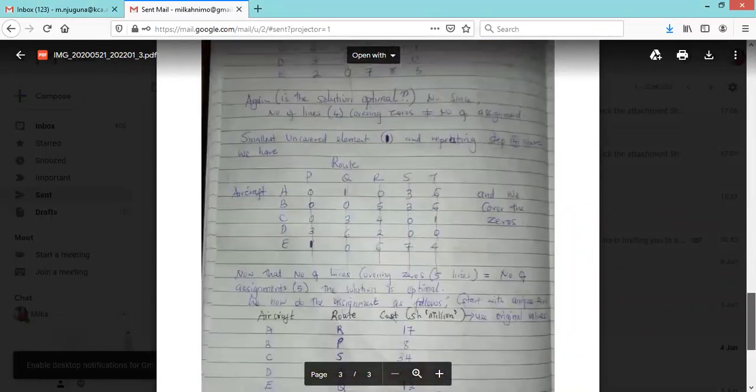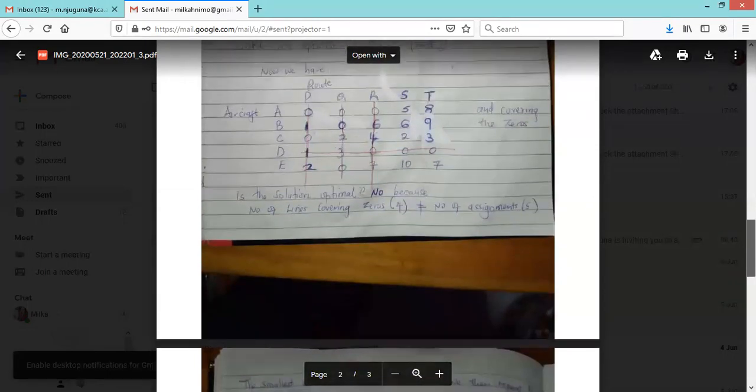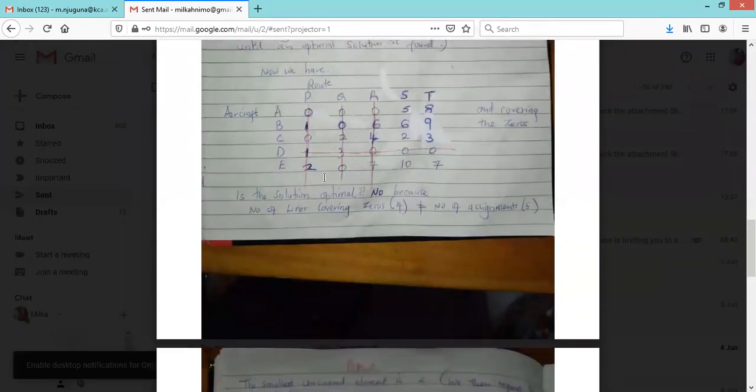Let's identify the smallest figure here. The smallest value here is, which one is not covered and it is the smallest? 2. This is the smallest uncovered element, being 2 here. You subtract it from any other uncovered element. Okay, you see we are repeating our previous stages, huh? And you add it to any point of intersection.